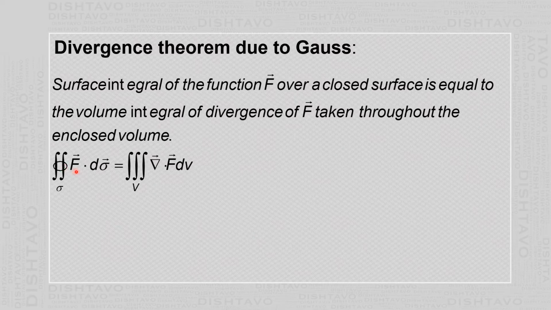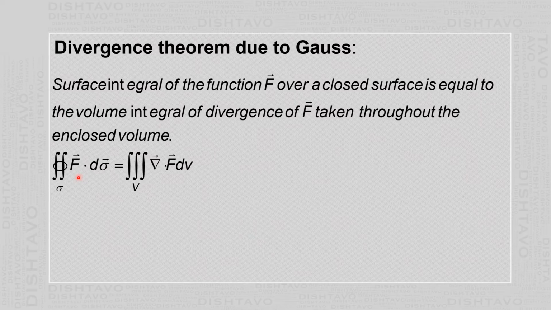Now here in the integrand, what is required is an infinitesimal change in the area, that is d sigma. But vector f is a vector quantity. If you write d sigma as a scalar, then the integrand becomes a vector. Now the integrand, that means what is inside the integral sign, is always a scalar quantity.